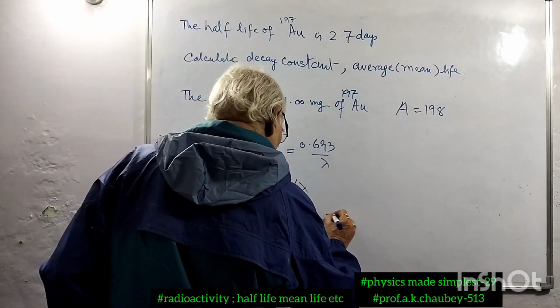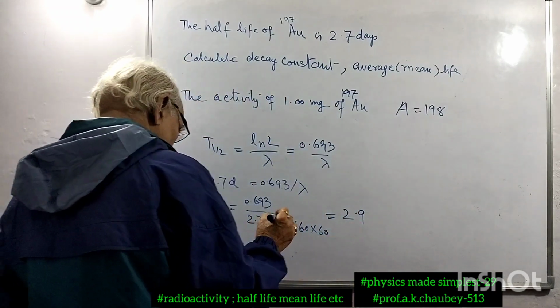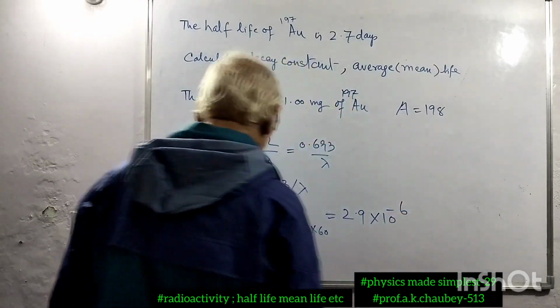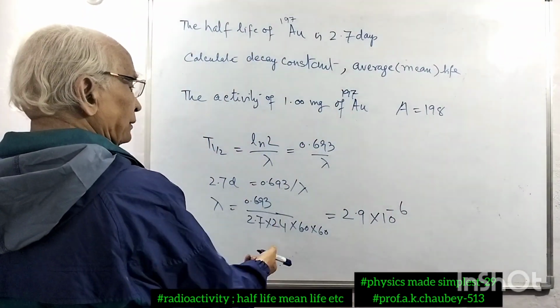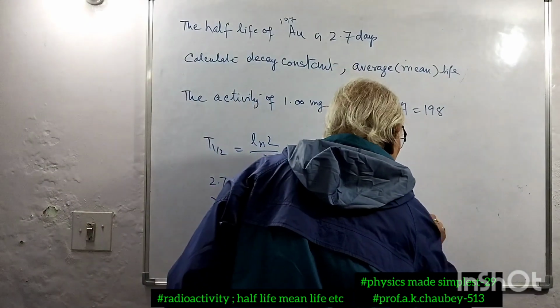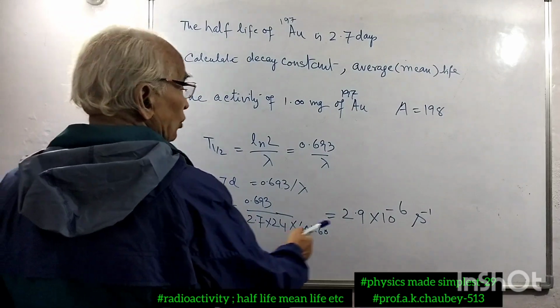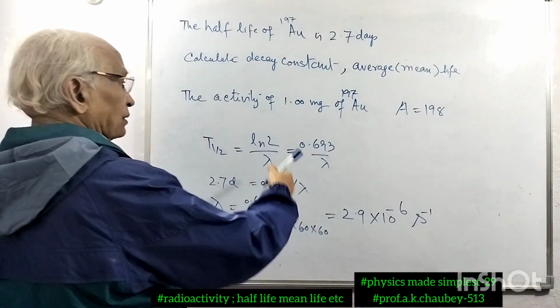You can find 2.9 into 10 to the power minus 6. The unit of lambda is 1 over time, so second inverse. So this is the value of lambda, 2.9 into 10 to the power minus 6 per second.